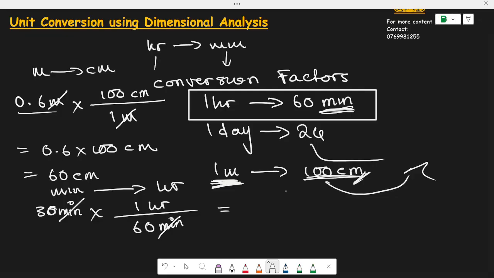So this is just basically going to be equal to 30 over 60. 0 and 0 will cancel. Here, 1, 3 in here, that's 2. This is just going to be 0.5 hours, like that. Okay, so that's how you move from one unit of measurement to another.